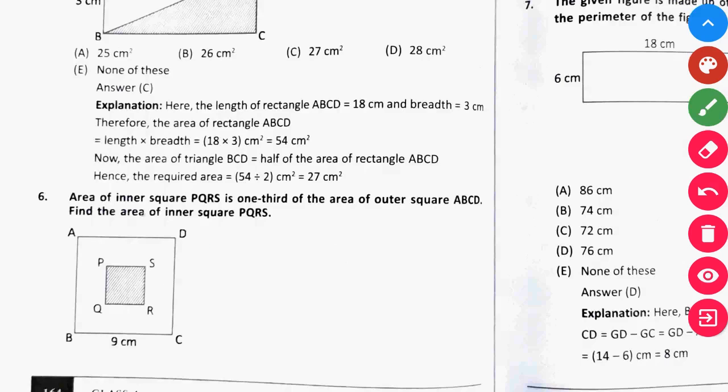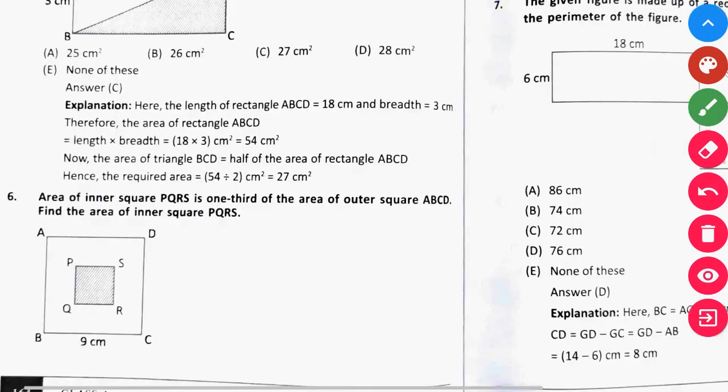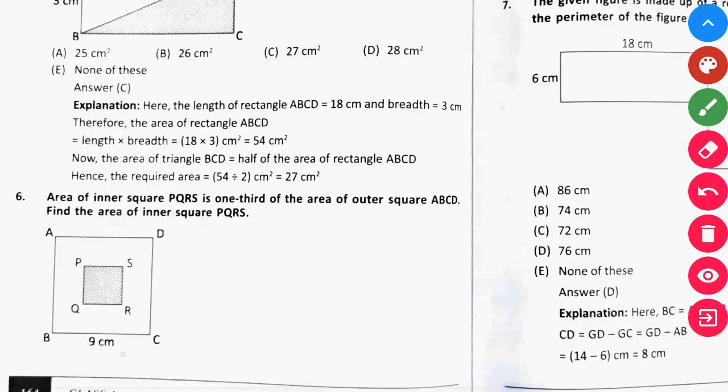Now again the same question is there. Area of inner square PQRS is 1/3 of the area of outer square. Find the area of inner square if this is 9 centimeter. So first you have to find the area of outer square, which is 9 multiplied by 9, that is 81 centimeter square.